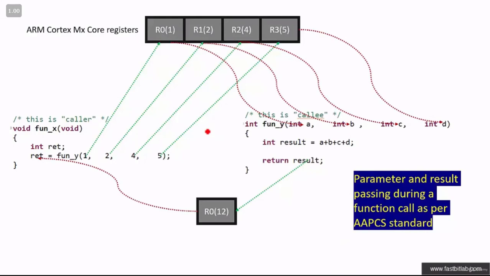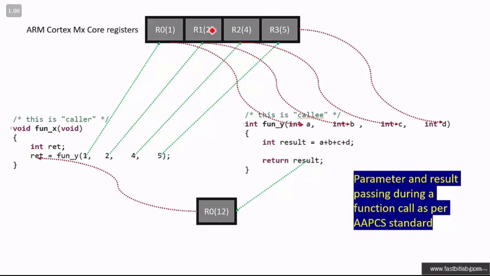Consider here a function x calling function y. When function y is being called, 4 arguments are being passed to it, and function y receives those arguments in its local variables.